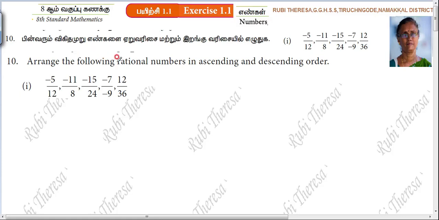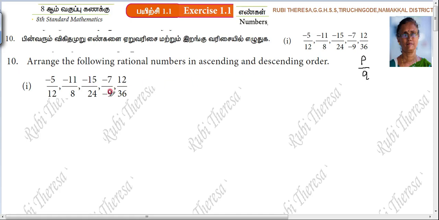Arrange the following rational numbers in ascending and descending order. These are all rational numbers because they are in the form of p by q. When you want to arrange the numbers in ascending or descending order, what is the condition?